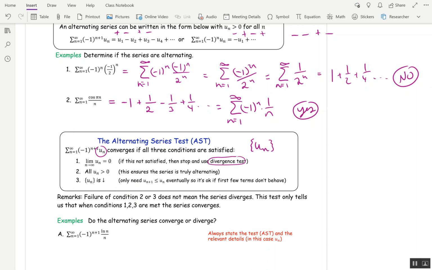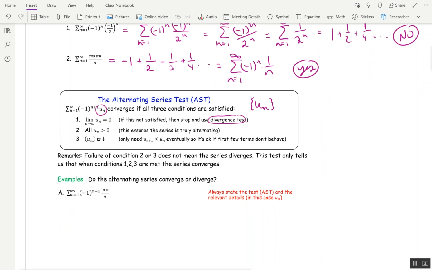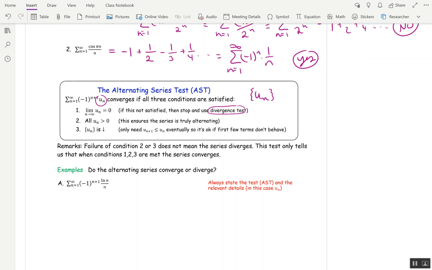Okay, so let's try the test out. Let's use the alternating series test on this infinite series. And so we're going to use AST with our u_n equal ln n over n. That's the sequence of terms without the plus minus.